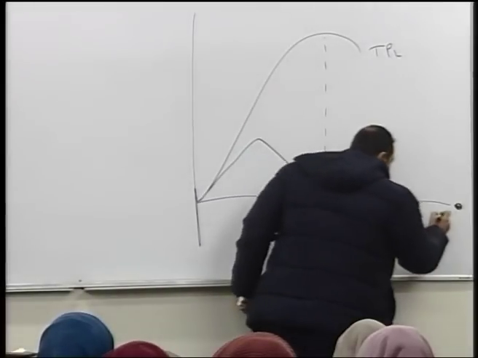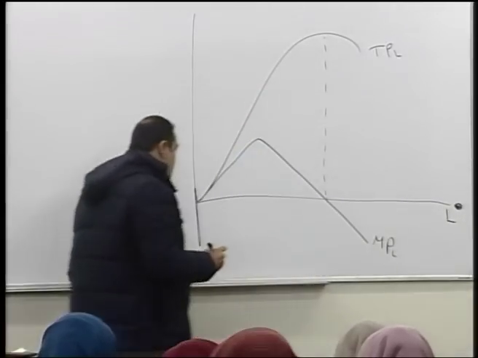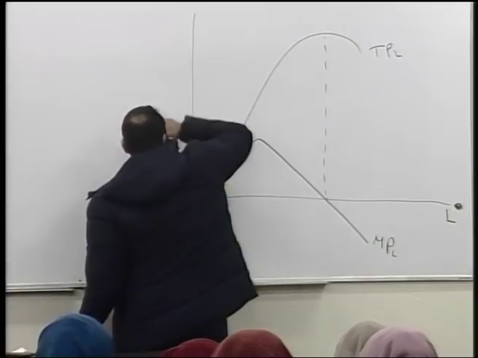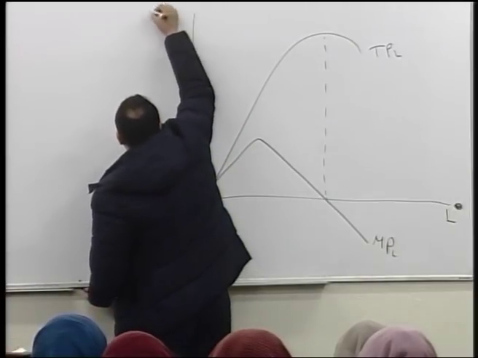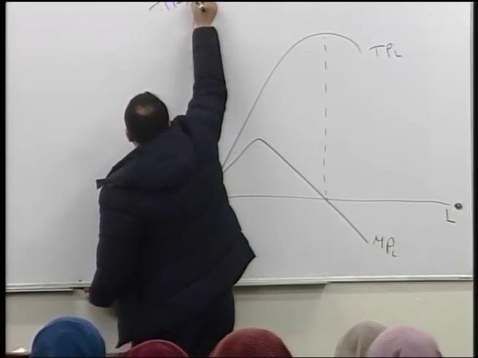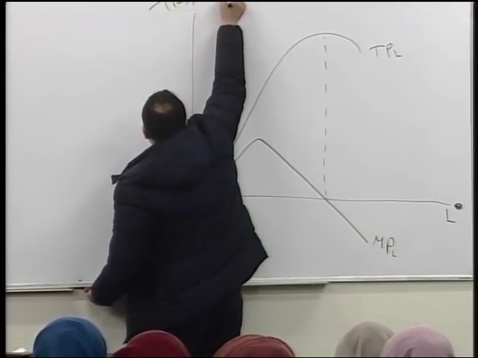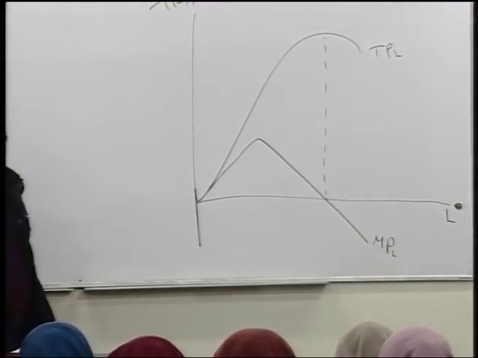And on the vertical axis, we have the total production of labor, APL and MPL.